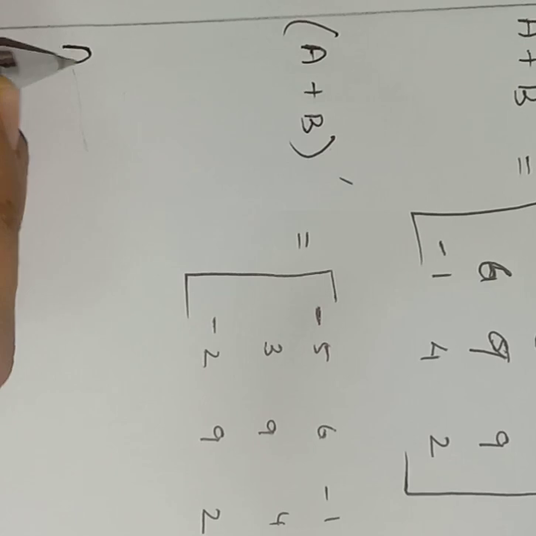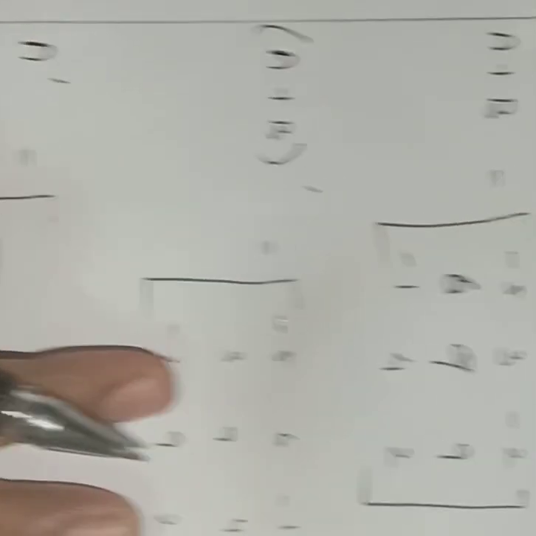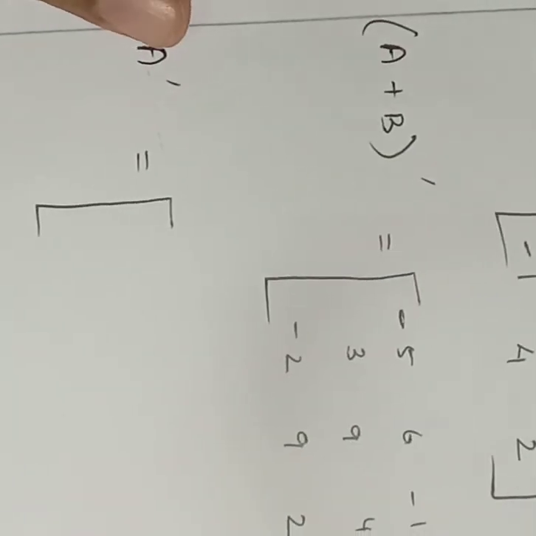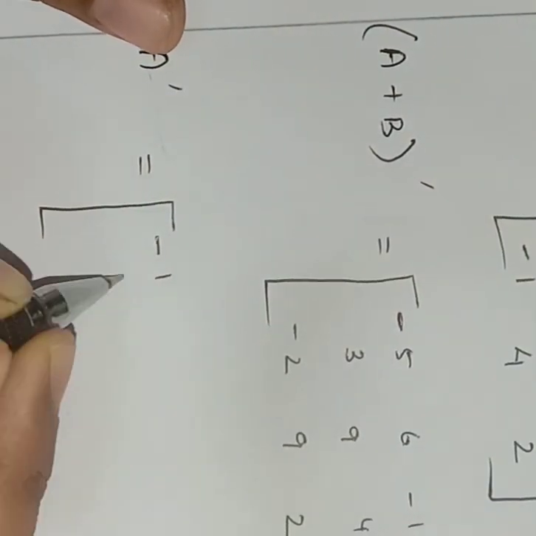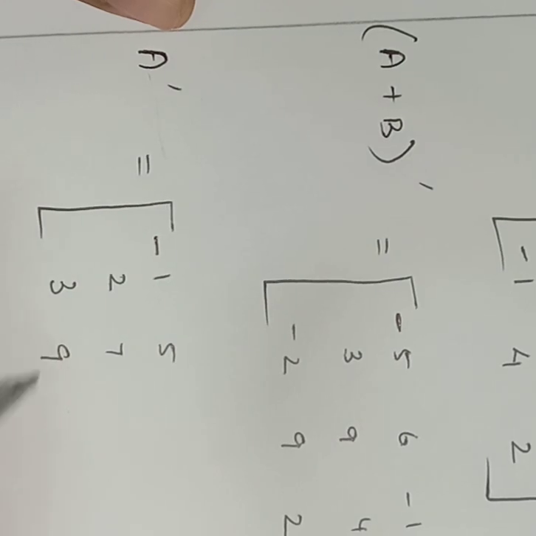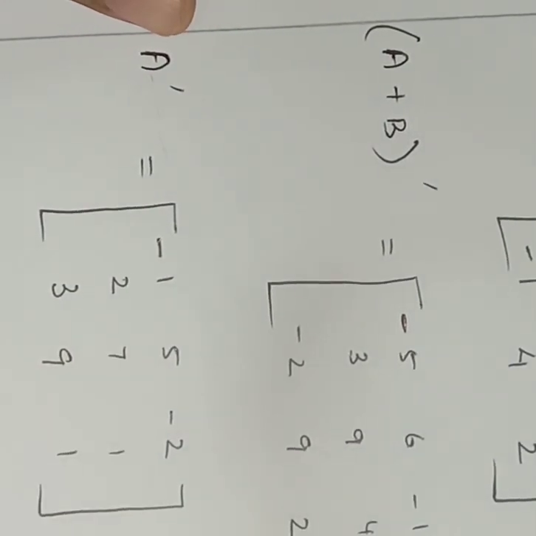So what is A dash here? Can you see this question? A dash, first row you change it as column, right? So it will become, I am writing it here, minus 1, 2, 3, 5, 7, 9, minus 2, 1, 1. This is your A dash.